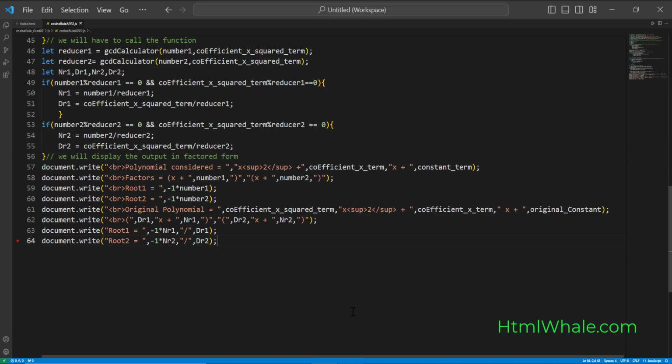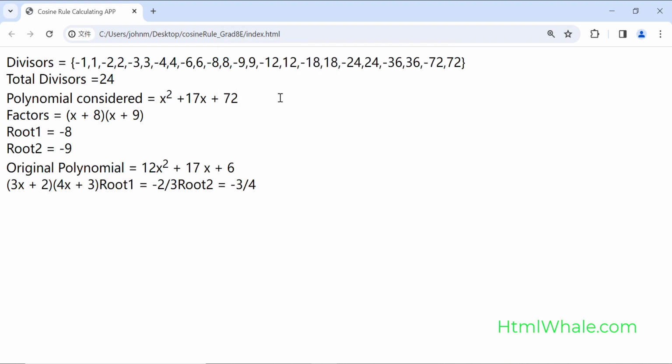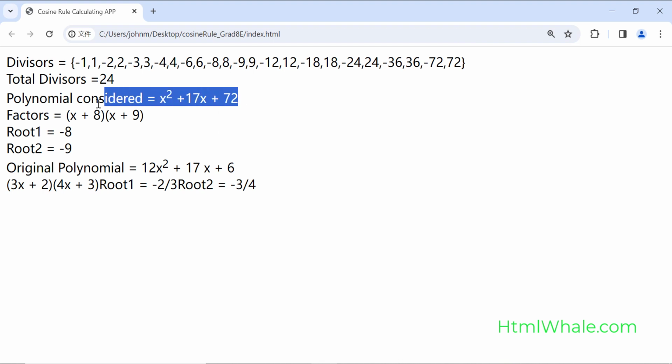So we save it, we go back, we refresh it. Okay, I'm running. Please enter the constant term 72. Please enter the coefficient 17, coefficient of x squared 12. The original constant, that was the start of the problem, that is 6. So let's see the number of factors, number of divisors.